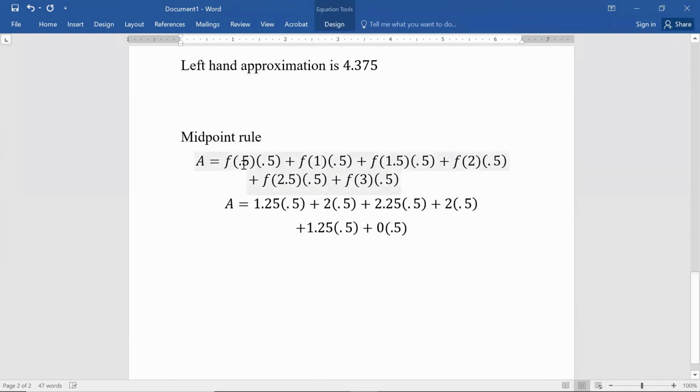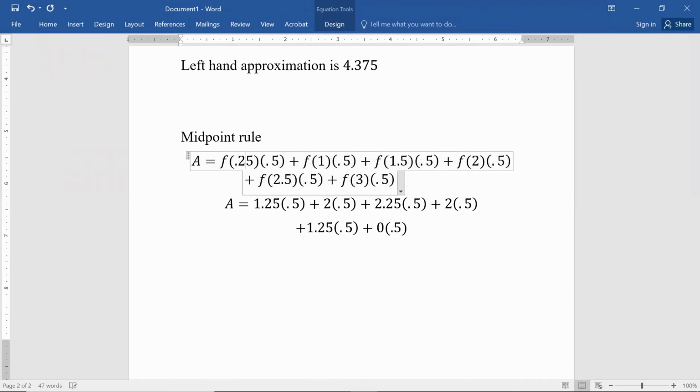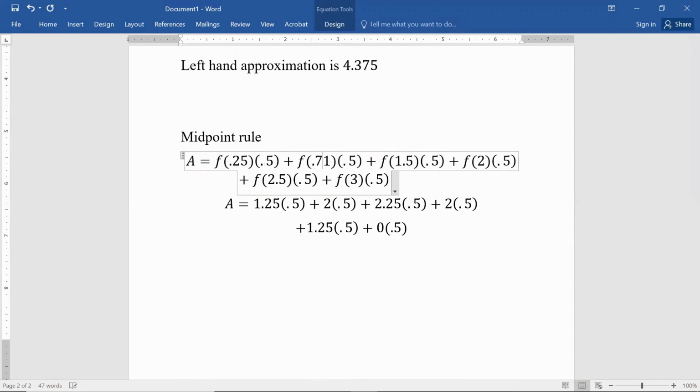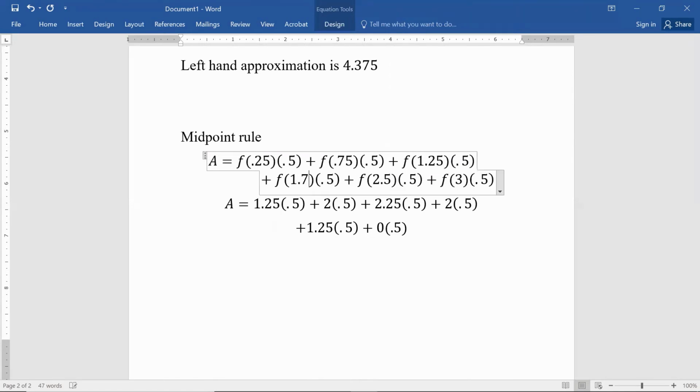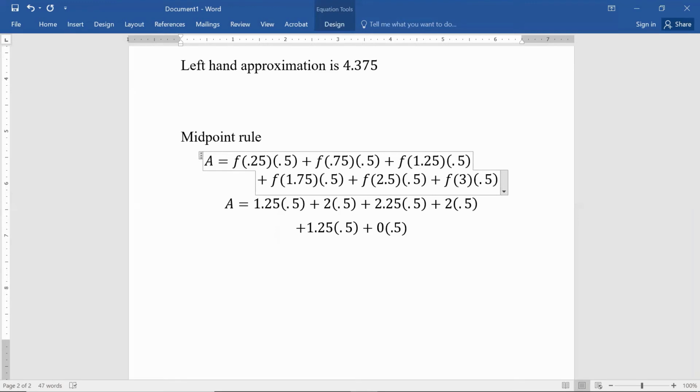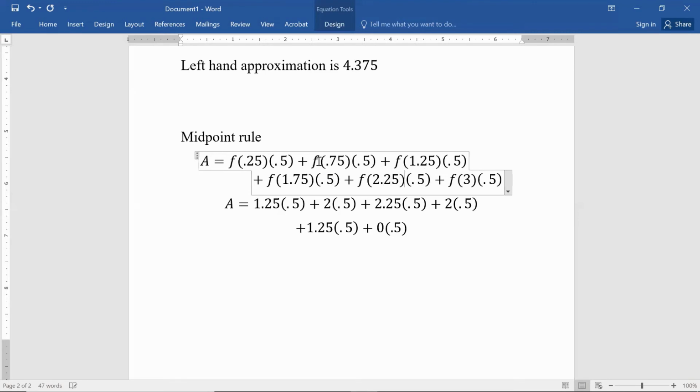Let's plug that in: 0.25, 0.75, 1.25, 1.75, 2.25, 2.75.